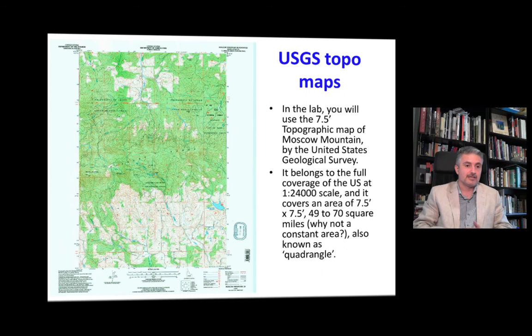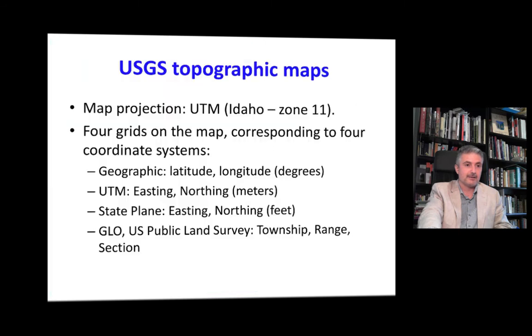The vertical dimension, though, stays constant because 7 minutes on a meridian at the equator have the same length of 7 minutes of a meridian at the pole. Each one of these maps is known as a quadrangle. So a USGS quadrangle is one of these 1 to 24,000 scale maps.